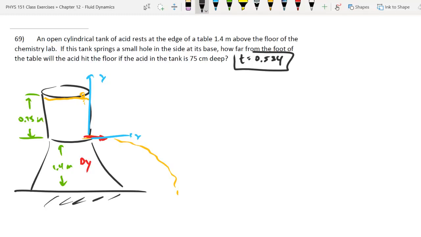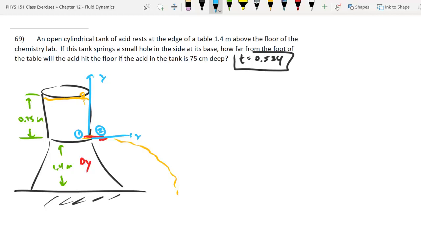The thing is, we need to pick a couple different points. There's a few ways that we can go about it here. Let me just pick one point right on the inside. This would be point 1 right on the inside, and this would be point 2 right on the outside, okay?